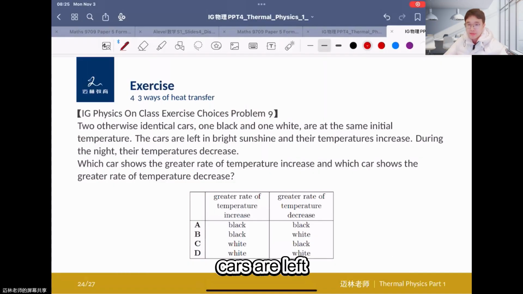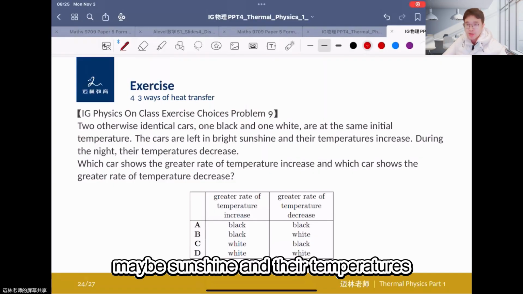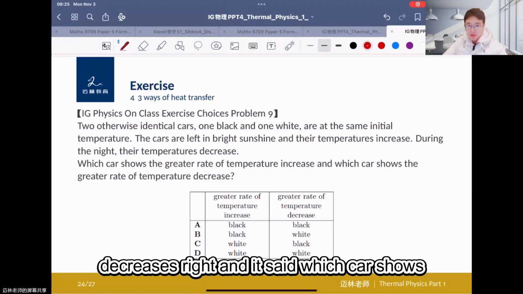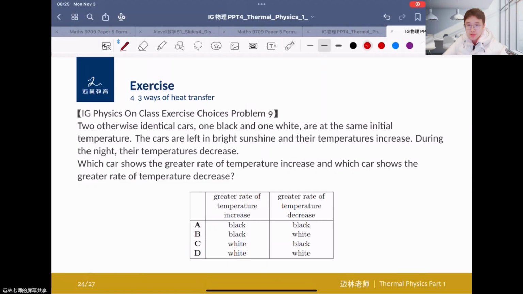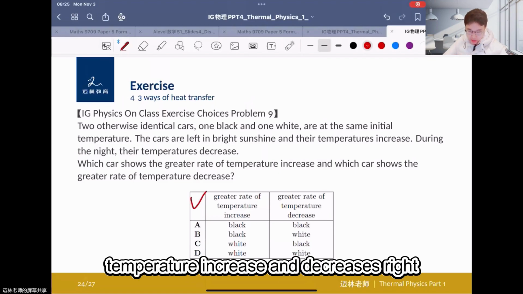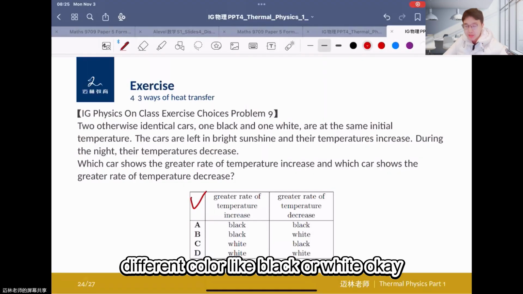The cars are left in the sunshine and their temperatures increase. During the night, the temperature decreases, right? It asks which car shows a greater rate of temperature increase and which car shows a greater rate of temperature decrease, right? So here are two kinds of temperature increase and decrease, for different colors, black or white, okay?